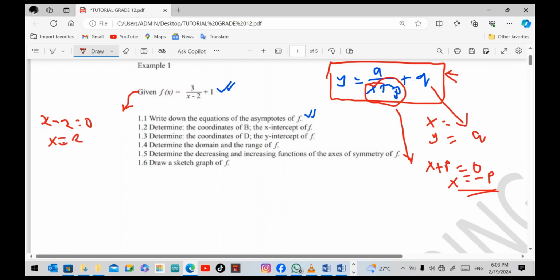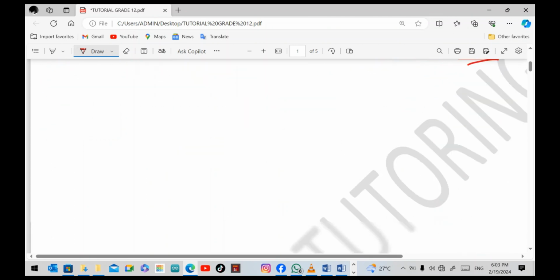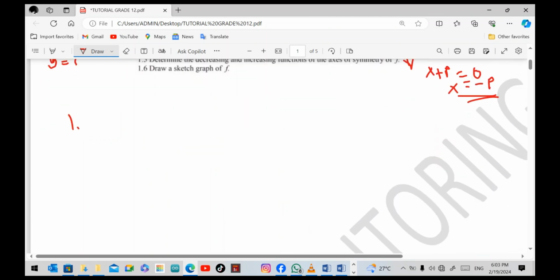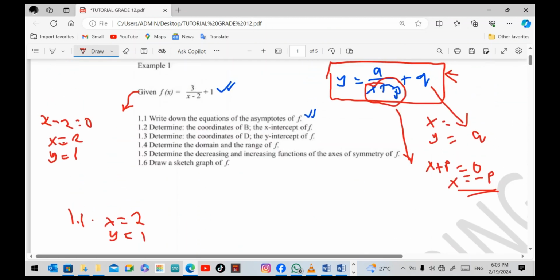So this is your x asymptote. The y asymptote is 1, then you are done. So I was supposed to write it as 1.1: x is equal to 2, y is equal to 1. So this is actually your first answer.